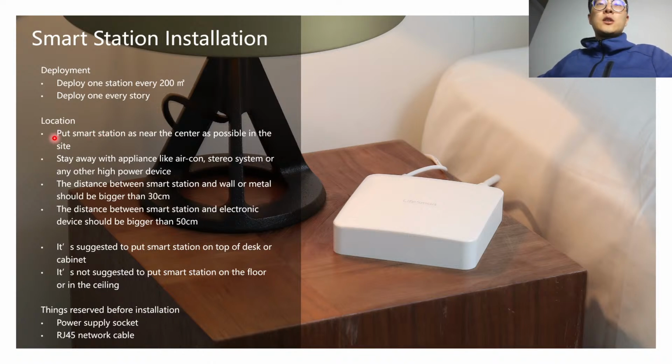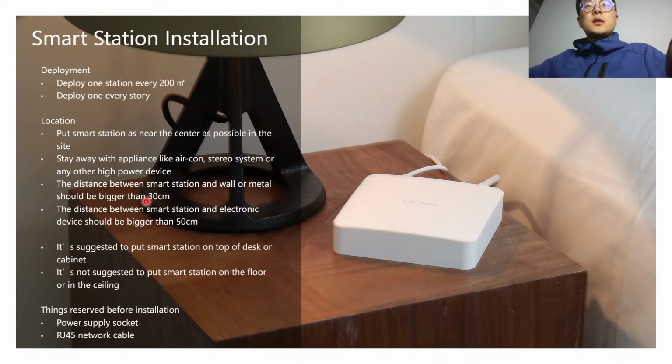As for the location, you need to put the smart station as near the center of the site as possible to give the best coverage. You need to stay away from appliances like air conditioners, stereo systems, or other high power devices like refrigerators. And the distance between the smart station and a wall or metal should be bigger than 30 centimeters.